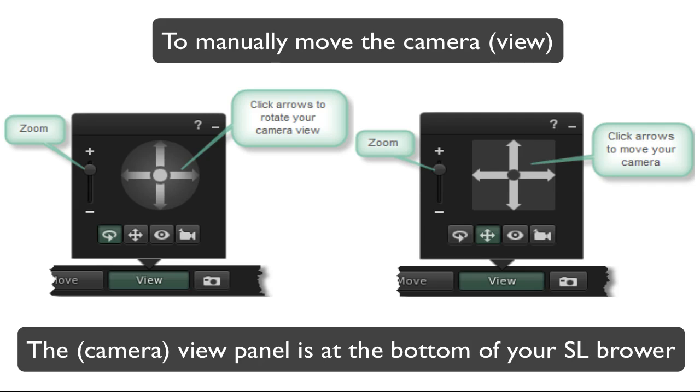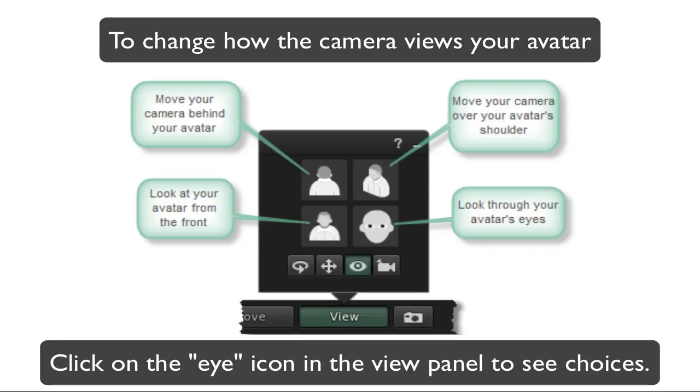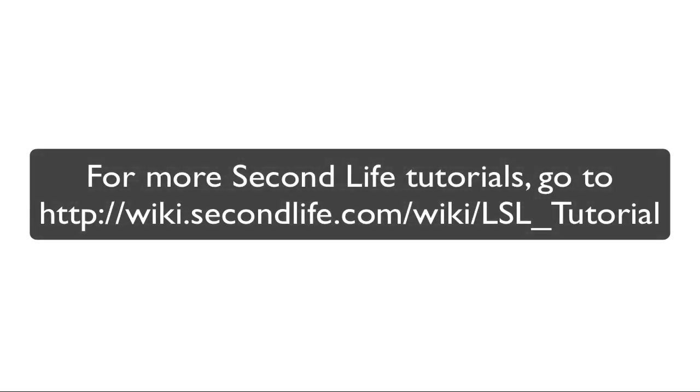The left will circle you around, up and down, and right will take you directly left, right, up or down. That's for the camera. Now here is how the camera sees your avatar. From the back, an angle, from the front, or looking out of your eyes. So let's meet in a class and have a chat.